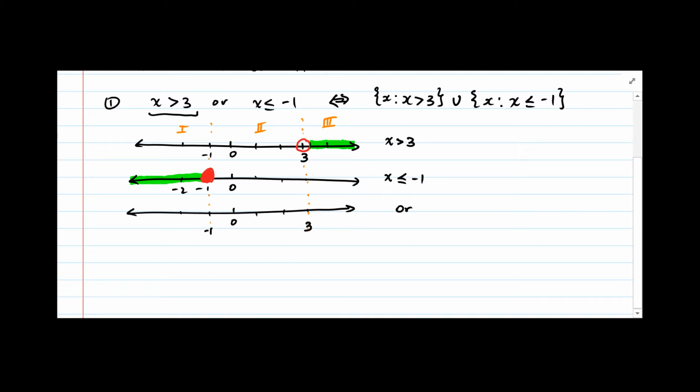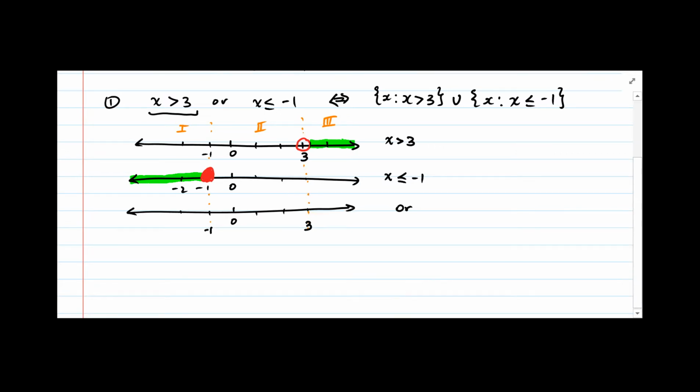What happens when we're taking a union? If you remember from your set theory, a union is just a joining of the two sets without repeating numbers. So in region 1, I ask: is there anything shaded? If there is, then in my final line, my solution set for the "or" statement, I will have to include it on my number line.